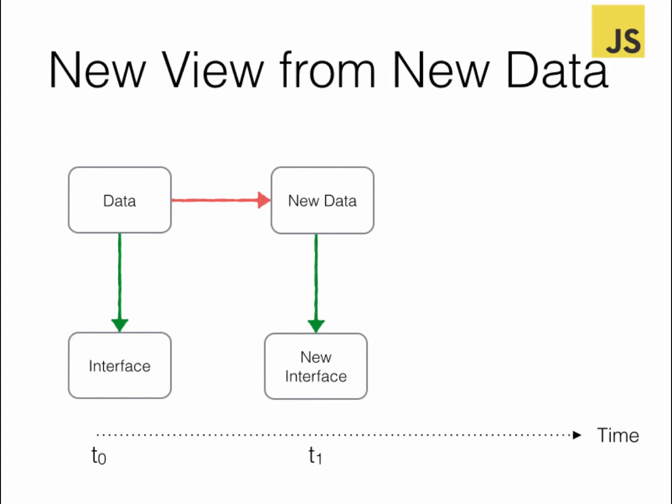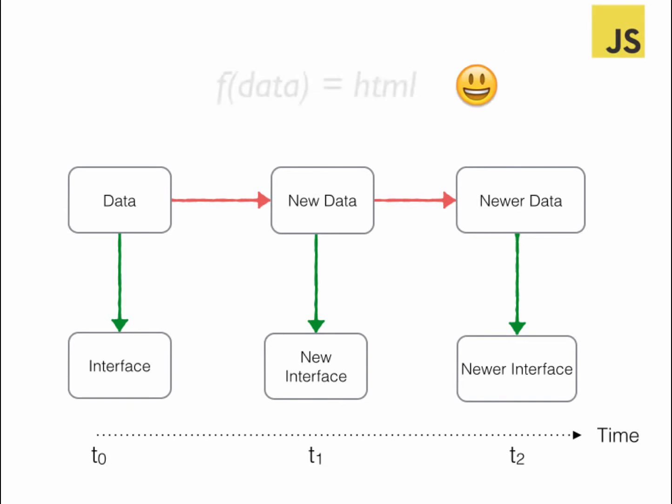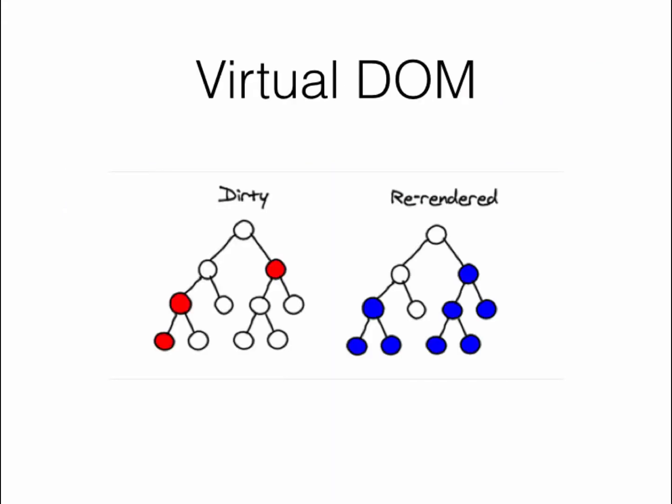See that there is no transition between the interfaces that we do manually. We just look at the data, we say it should be rendered like this. And if there is newer data, it will simply re-render the whole interface. And we'll see that by doing this, the HTML or whatever interface output we have is now a function of data. Okay?